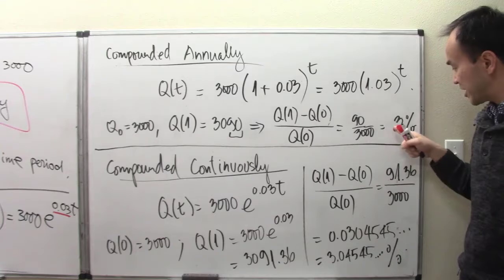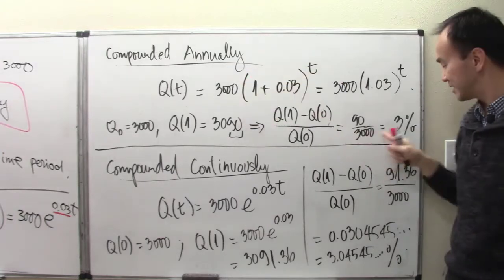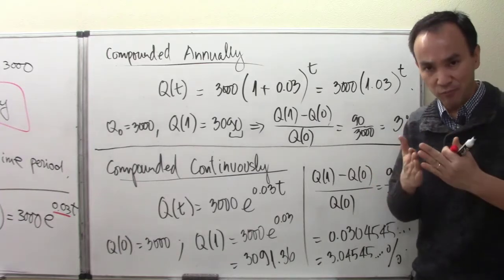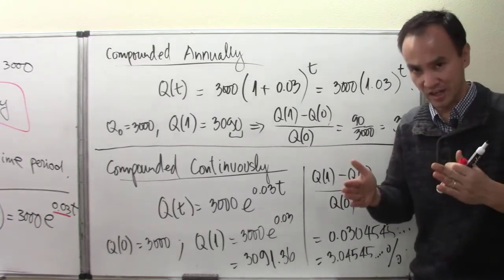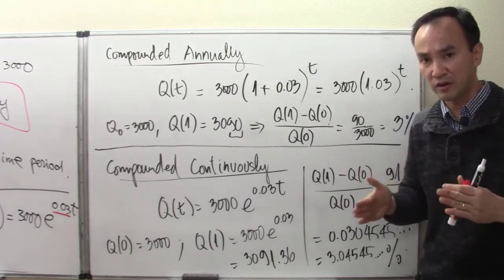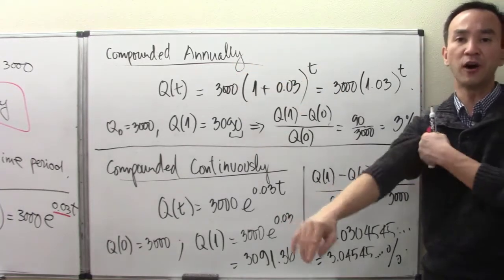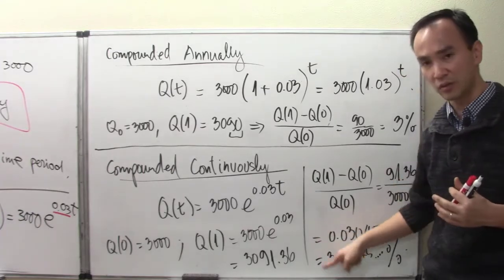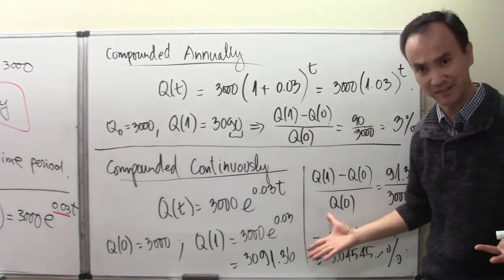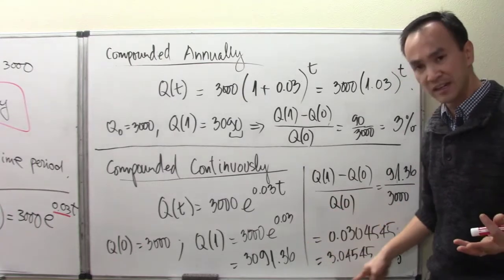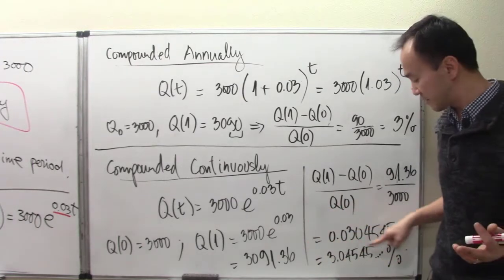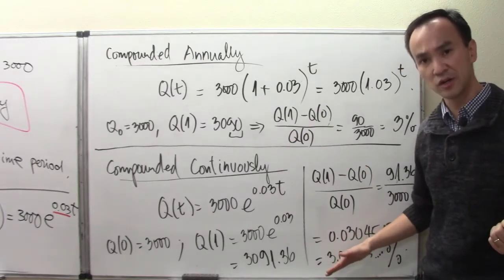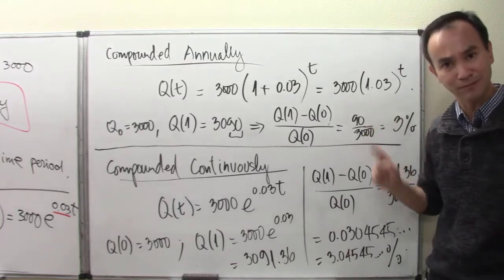The percentage yield in the default time here is just 3%, but the idea now is that if we're compounding more frequently, calculating interest more frequently than what's stated with the default time periods, then of course in reality the actual percentage yield is higher than what's stated in the problem.